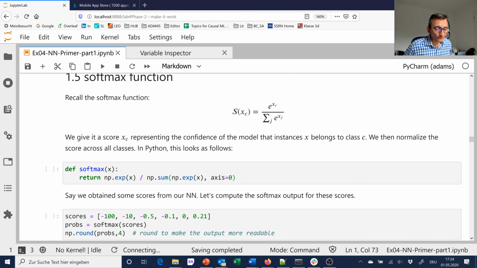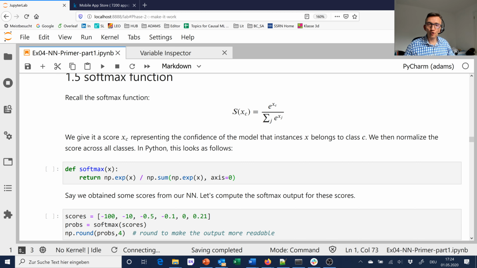And you will remember that for neural networks in classification, the nonlinear function we apply in the output layer is always a softmax function, where we essentially take the raw output values of the neural network.